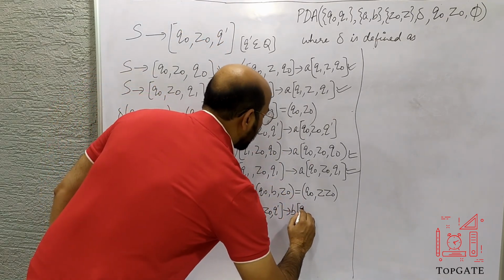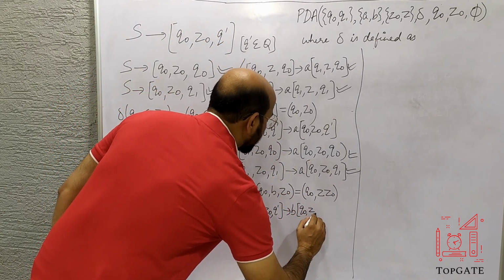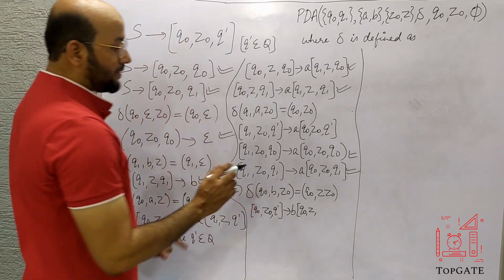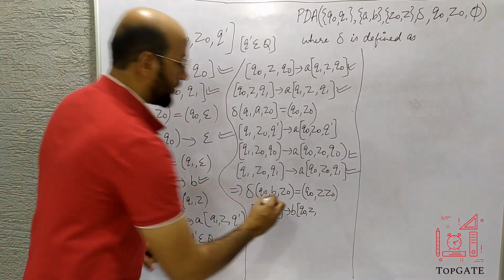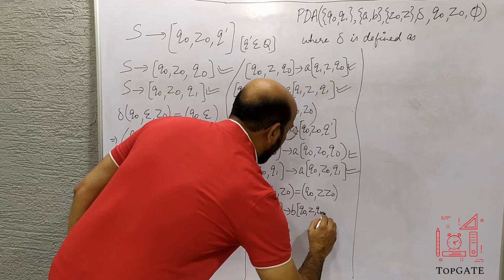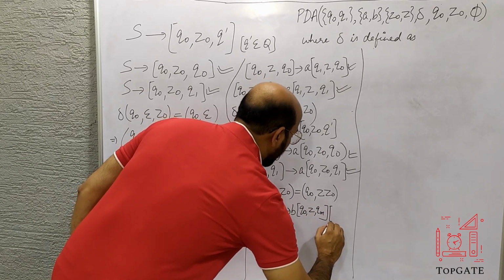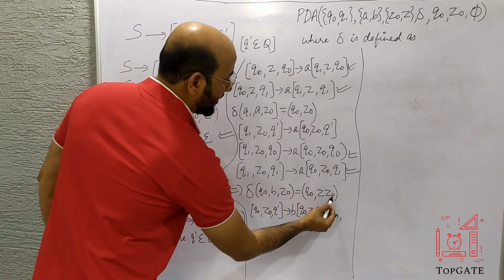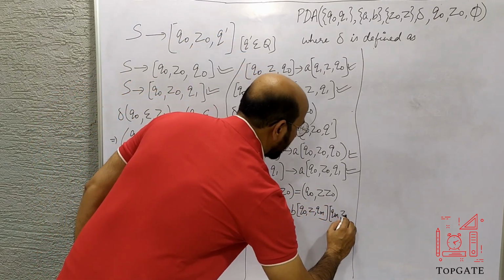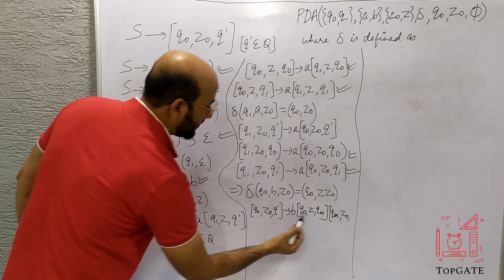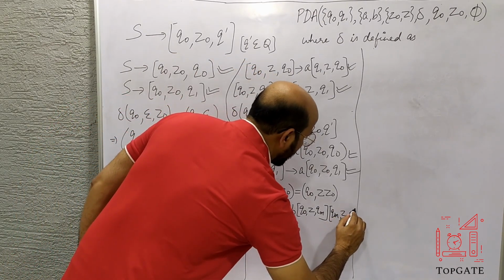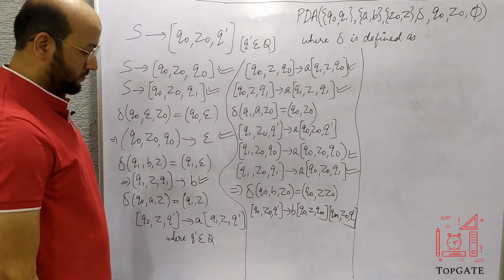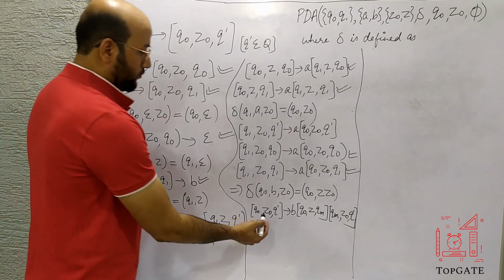So I'll write [q0, Z, qm], close the bracket, open the bracket again, write [qm, Z0, q'], what is left here? Z0 is left, so I'll write Z0 and then the same q' here, and we are done.